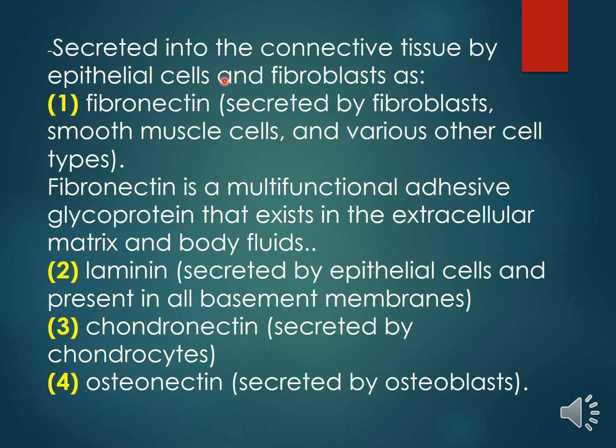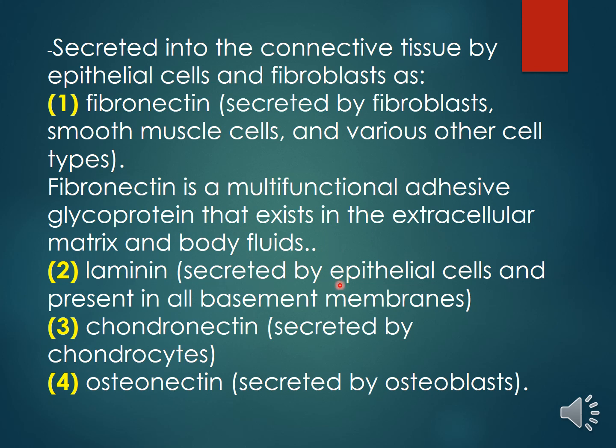These are secreted into the connective tissue by epithelial cells and fibroblasts. Example, fibronectin, secreted by fibroblasts, smooth muscle cells, and various other cell types. Fibronectin is a multifunctional adhesive glycoprotein that exists in the extracellular matrix and body fluids.